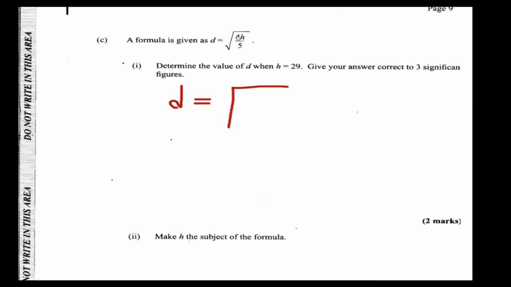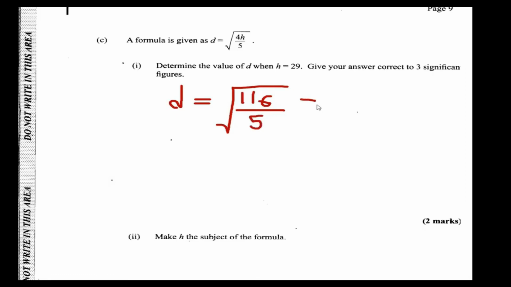Now it's the square root of 4 times 29 over 5. We need to work out 4 times 29, put that in a calculator, which is 116. So 4 times 29 is 116, and that's being divided by 5.